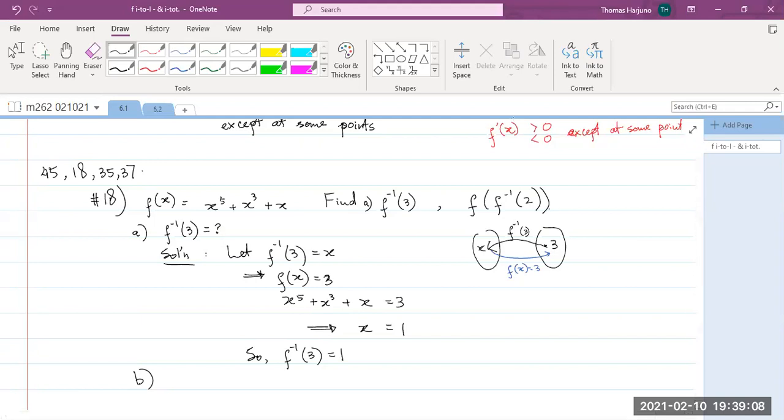Is it right to say that a one-to-one function has only one answer? Yes, that's a nice thing about a one-to-one function. To be more precise, it has at most one answer. It is possible you have no answer at all.